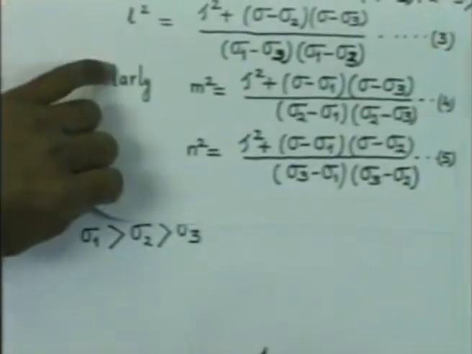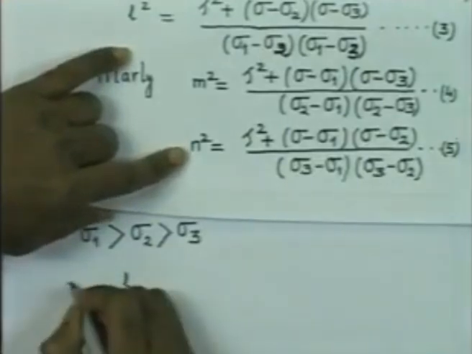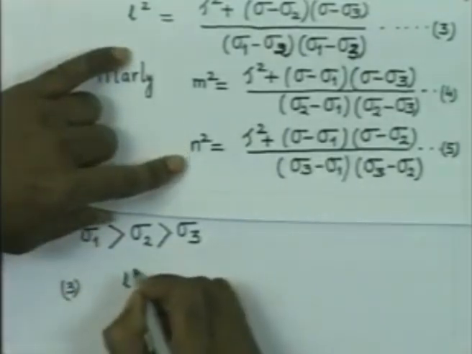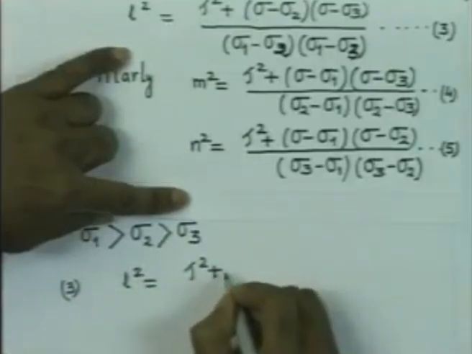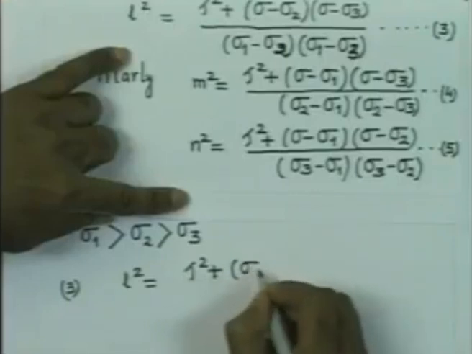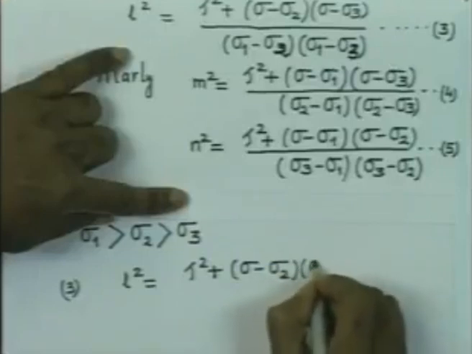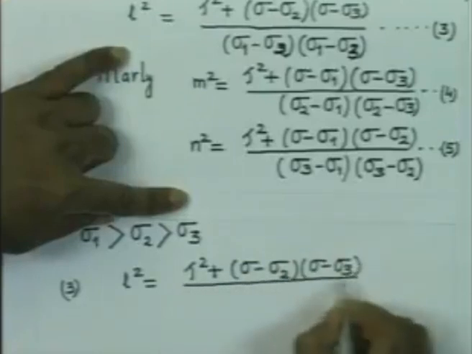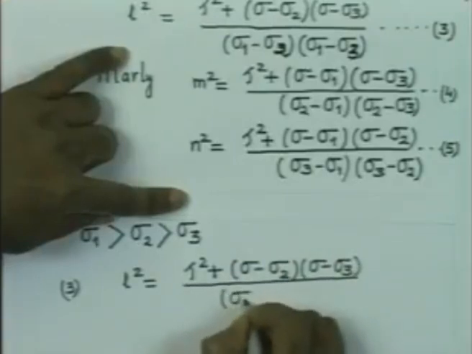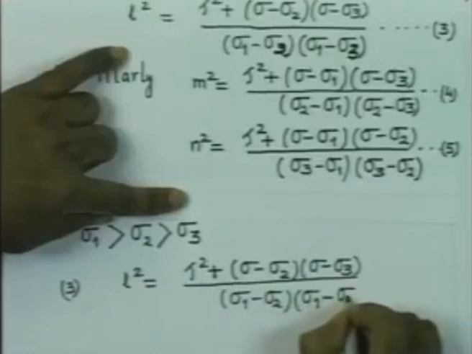Now, if you look into the relation 3, it gives you L square equals tau square plus sigma minus sigma 2 into sigma minus sigma 3 by sigma 1 minus sigma 2 into sigma 1 minus sigma 3.